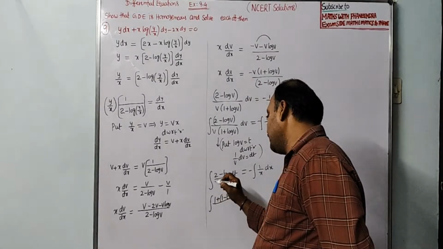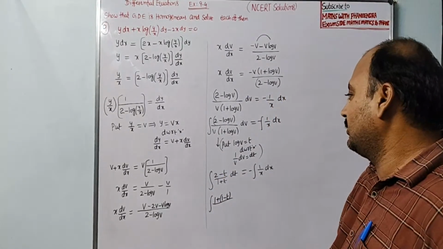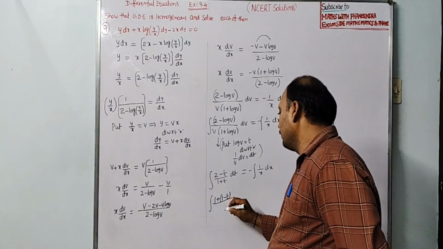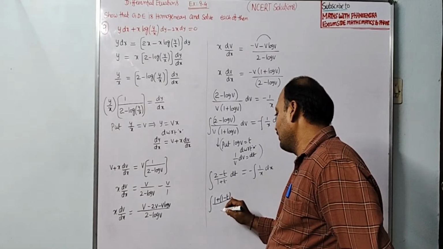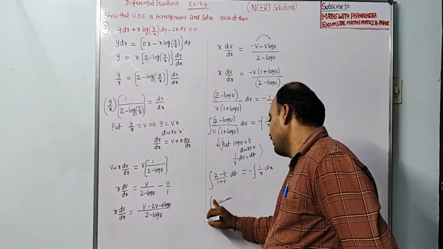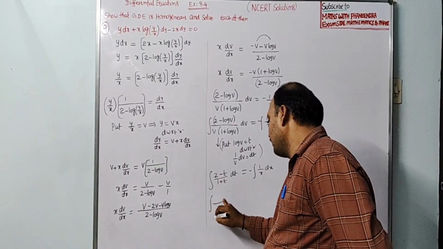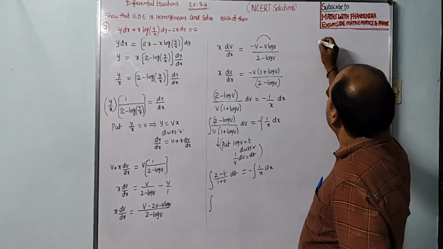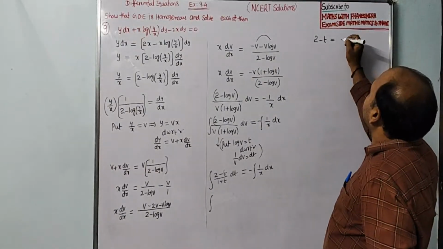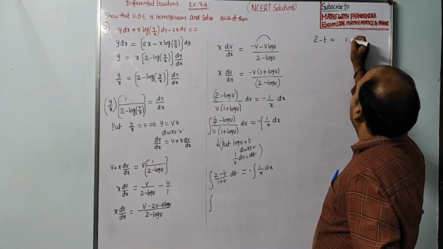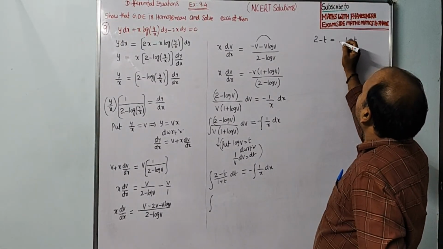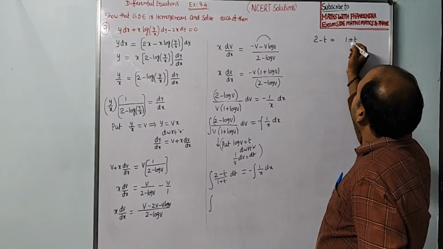So I want to write 2 minus t in terms of 1 plus t, which is there already. So I just want to get it as a 1 plus t term.